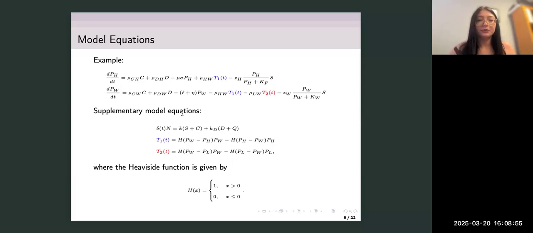It's kind of like a light switch where at each time step, for T1, it's either going to be a positive pH or a negative PW, or a negative pH. For T2, it's either going to be a positive PW or a negative PL. You can also see the delta Tn equation that I previously mentioned.